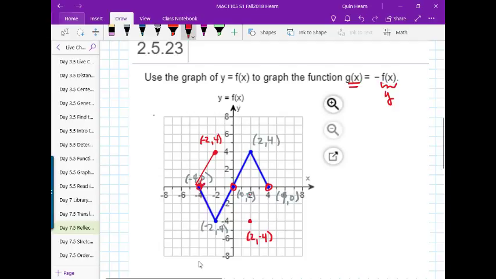Oops. One second here. Why is it doing that? Oops.